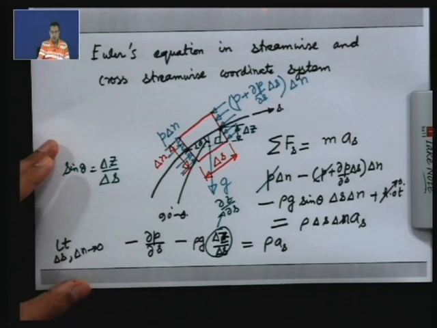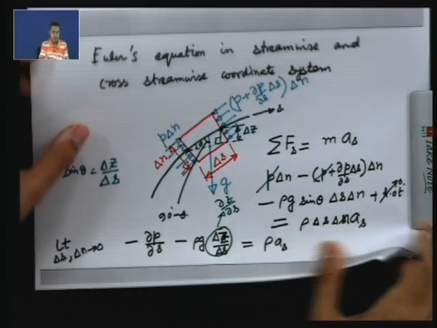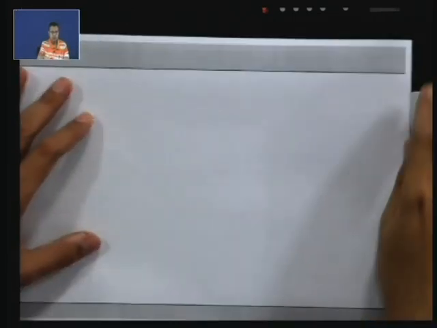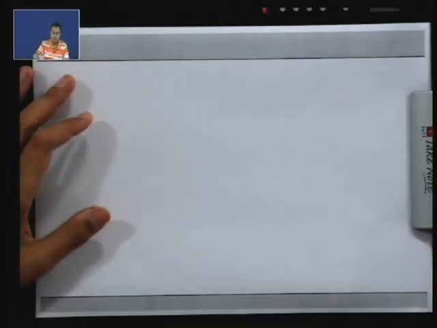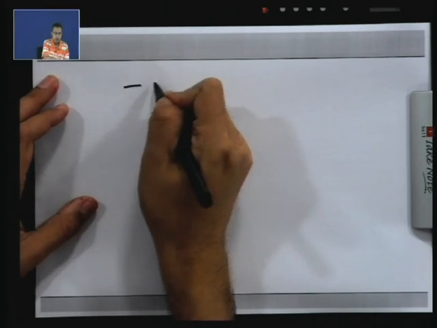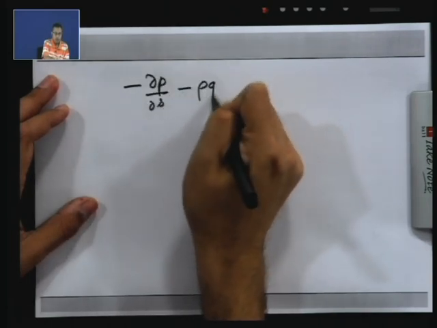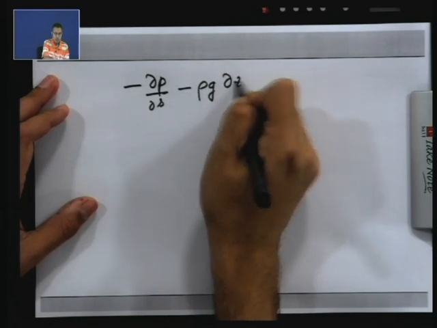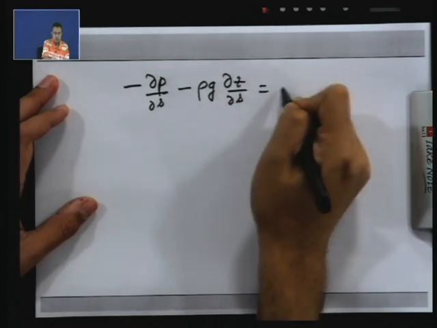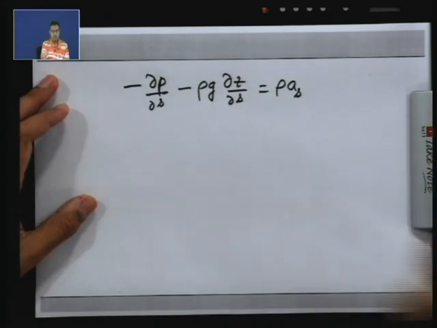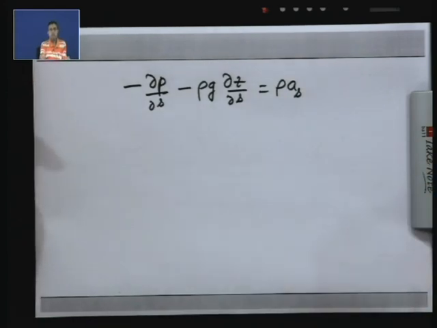So we can write this equation in a fresh page: minus del p del s minus rho g del z del s equal to rho a_s. This is in the s direction.